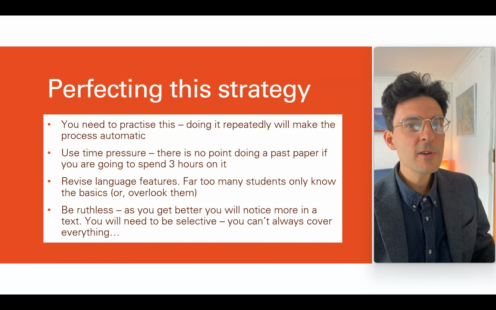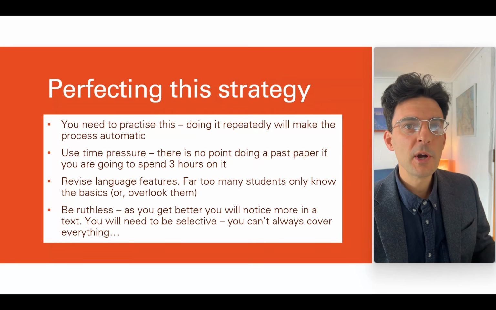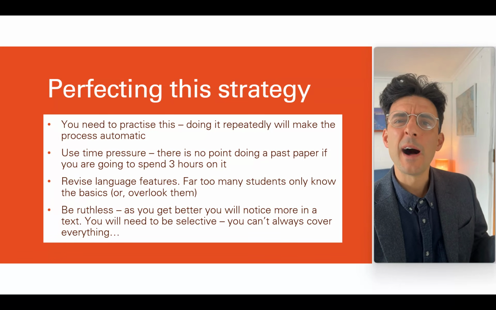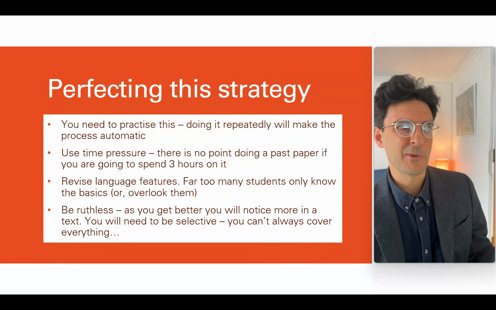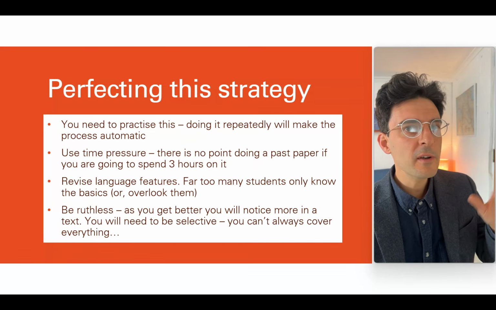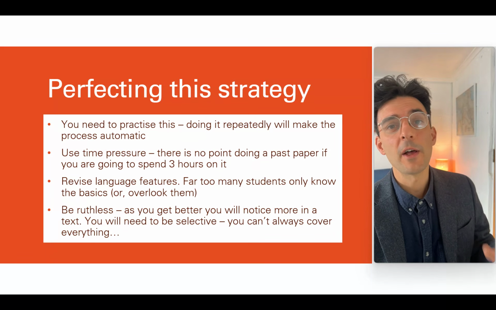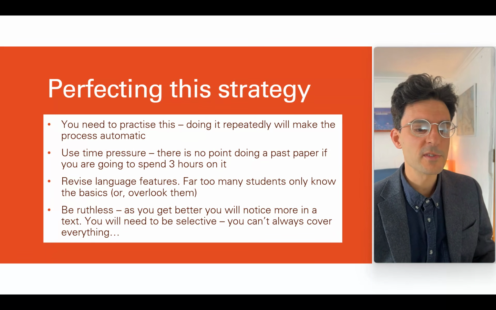And conversely, are you overlooking really simple things like how is punctuation being used, or even just parts of speech? What are the adjectives doing? Do they have certain positive or negative connotations? You've always got to think about that stuff too, because it's really easy to overlook simple stuff that can be super important in a response.